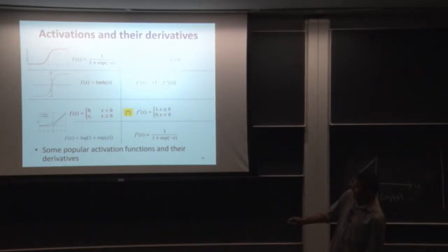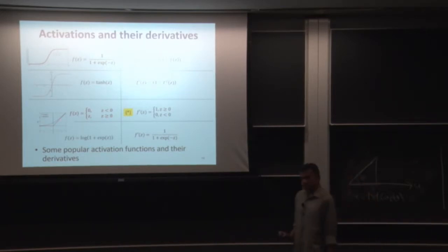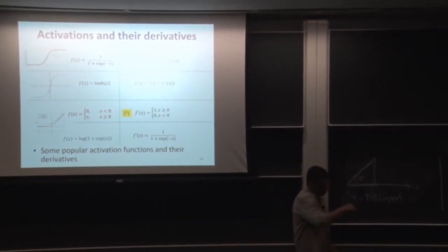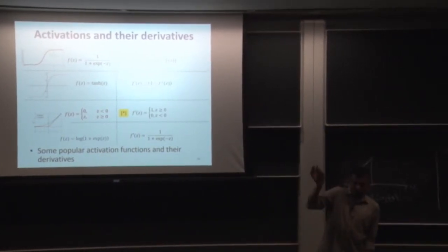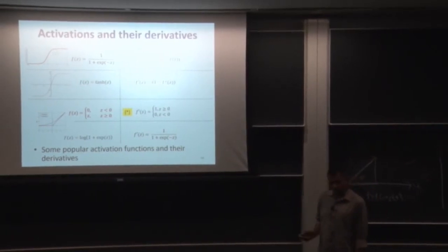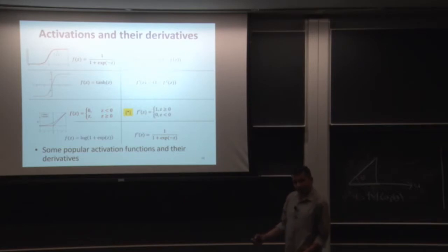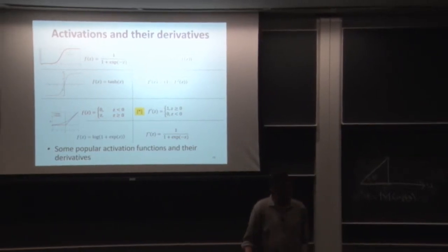Then you also have these two. The red line is what is called the rectified linear unit, or the ReLU. You must have encountered this in your homework already, which is 0 for negative inputs and the same as the input for positive inputs. And its softer version, which is the softplus, which is log of 1 plus e raised to z. Now look at what happens over here. If z is a large negative number, e raised to a large negative number is 0, right?